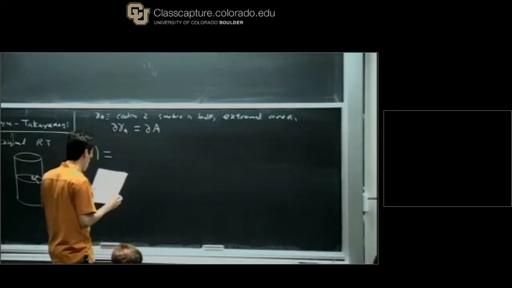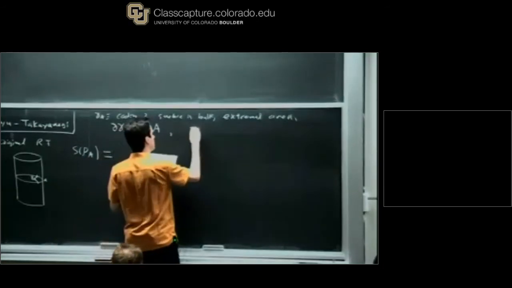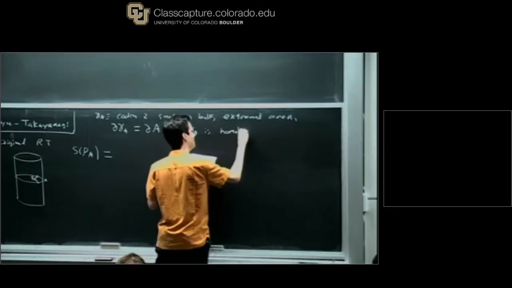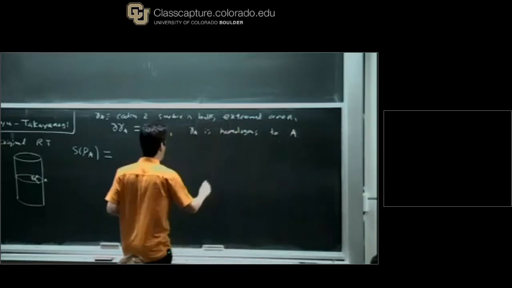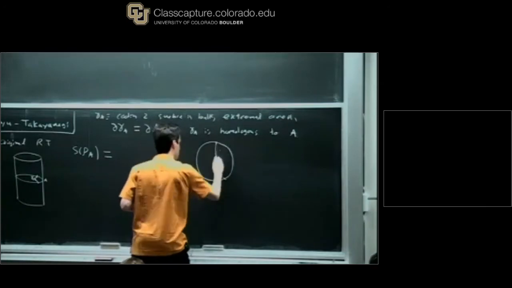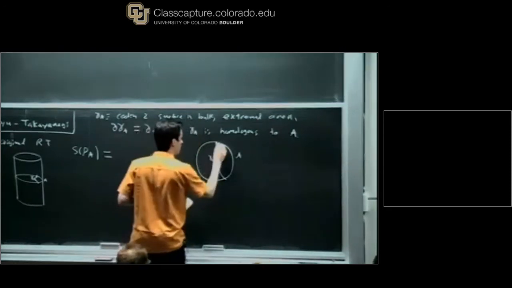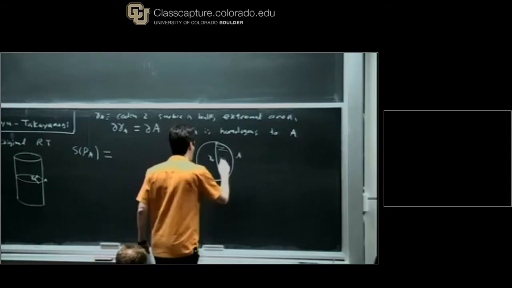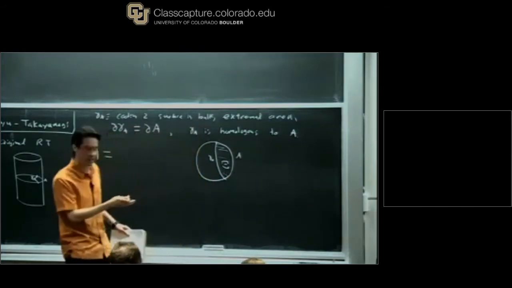But then there's one more requirement usually used, which is that gamma A is homologous to A, which means that if we draw this from above, here's gamma A, here's A, then there's a spatial surface here, which I like to call capital C. Sometimes people make fun of me for writing this letter, but I think it's an allowed Greek letter.